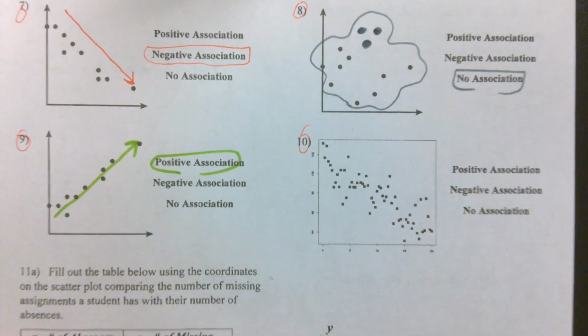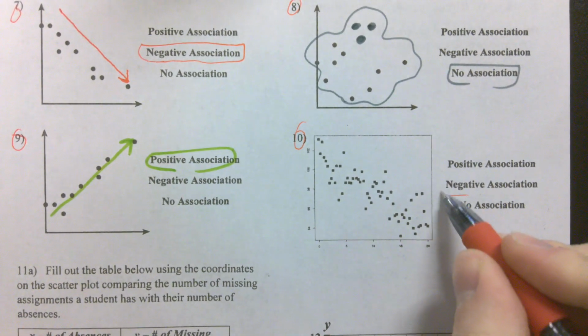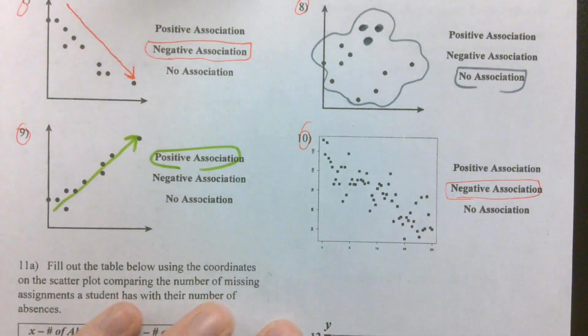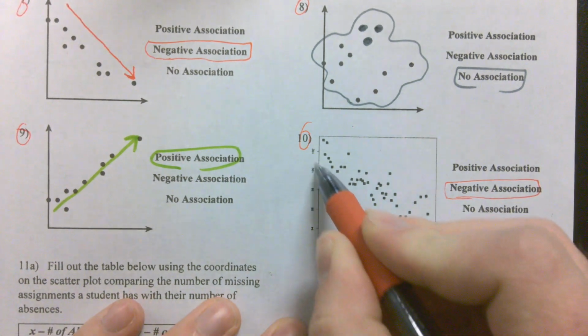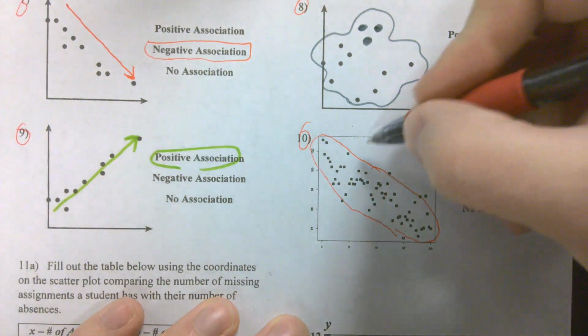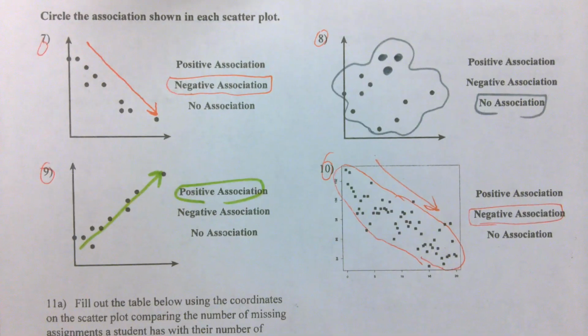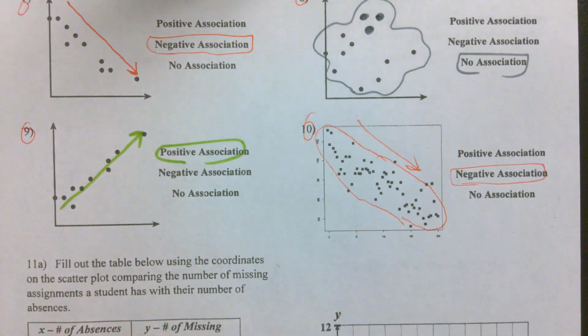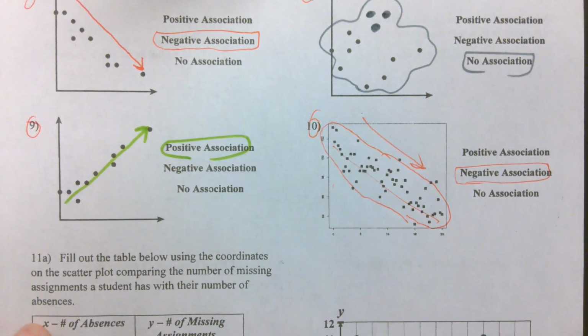There's a lot of points there. What's my association? Negative association. If we just group up all the points, that is clearly a downhill sloping line just like we saw in number 7. The points aren't as tightly bound together, but they're all still going in the same direction, which would be down.